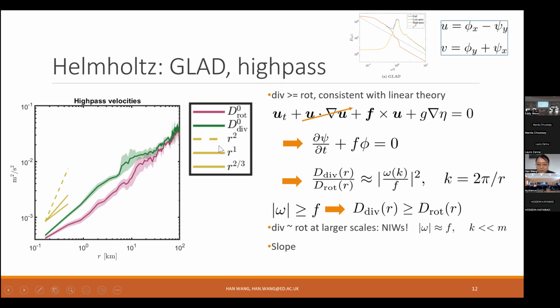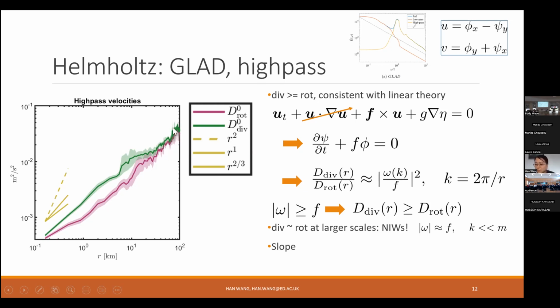And I think this data set suggests that since the divergent structure function is always larger than or equal to the rotational function, the linear theory is consistent with this. Another interesting thing we see is that at the larger scales, the divergent structure function starts to be very close to the rotational structure function.